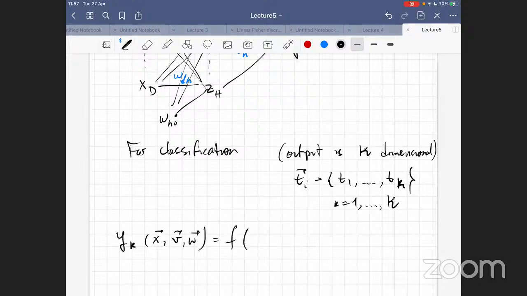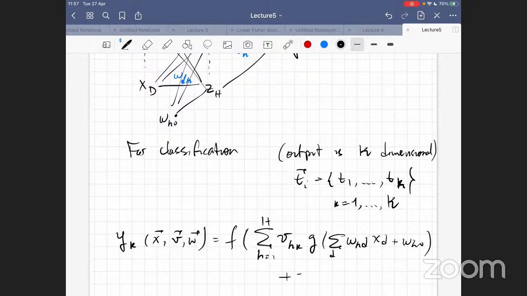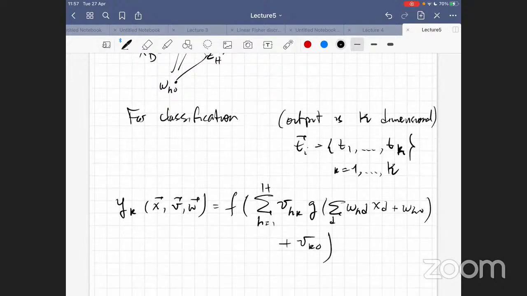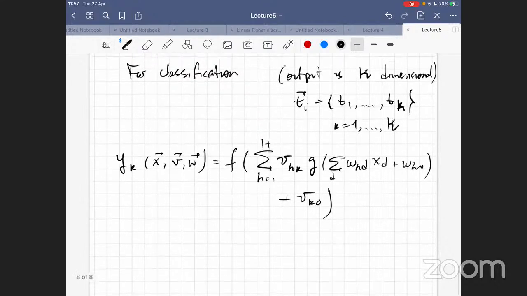But now, instead of being v, a vector, it's just going to be a matrix here because I have k outputs. So I need a matrix instead. This is over d, h, so this part is the same. And the intercept here is one intercept per class.